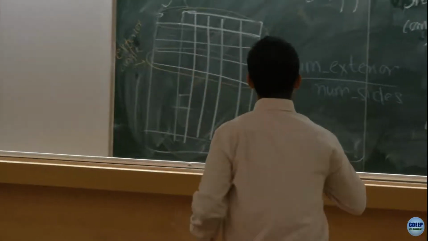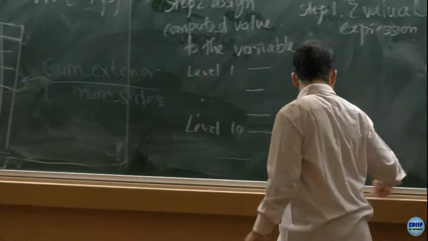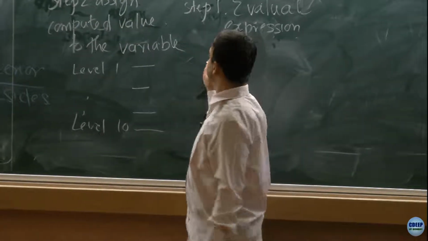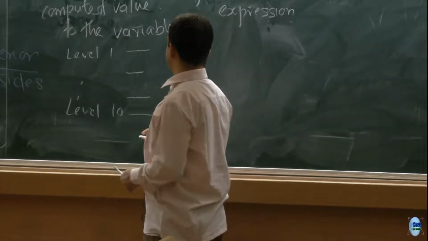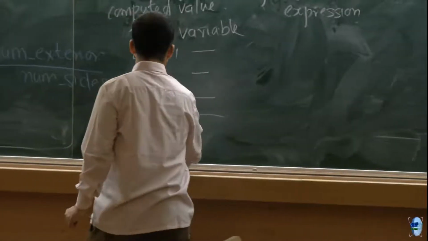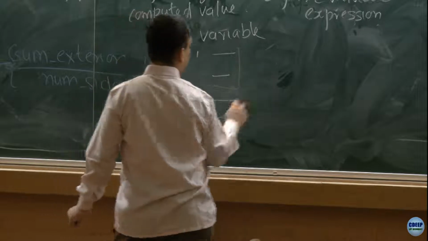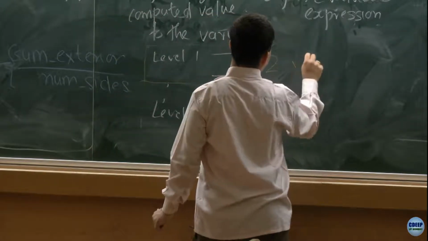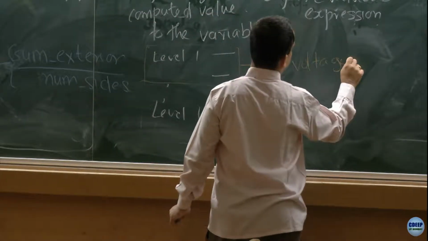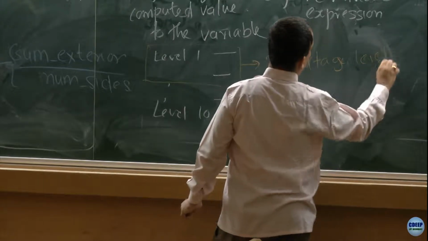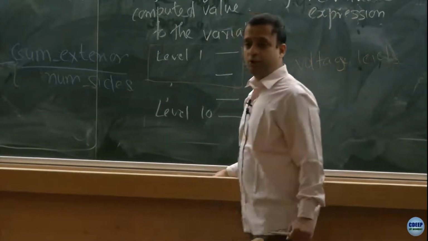So if I want 0, 1 levels, I'll have 2 voltage levels, right? If I restrict myself to level 1 and level 2, then I'll have 2 voltage levels. Otherwise I'll need 10 voltage levels.